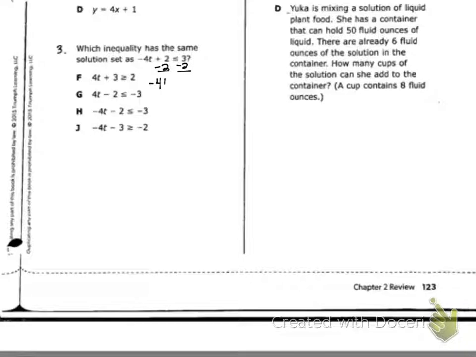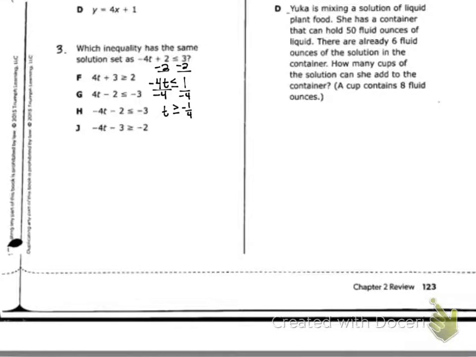So I have negative 4t is less than or equal to 3 minus 2, which is 1. Next I'm going to divide by negative 4. So t is greater than or equal to negative 1/4, and the sign flips because I divided by a negative. So the answer to this one is t is greater than or equal to negative 1/4.